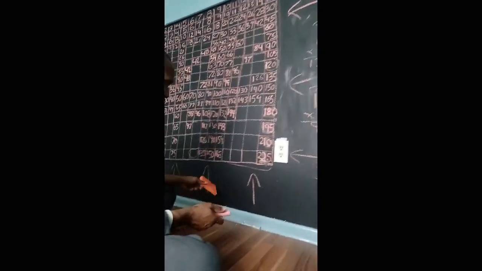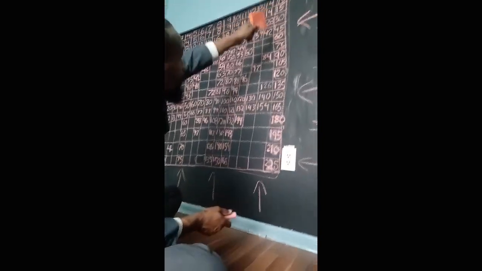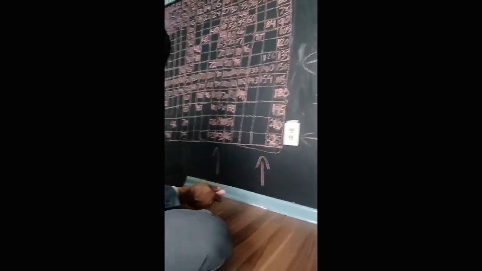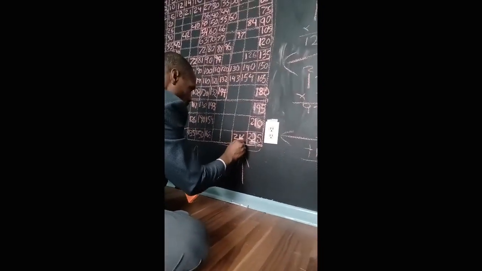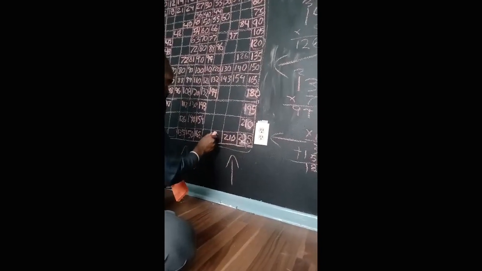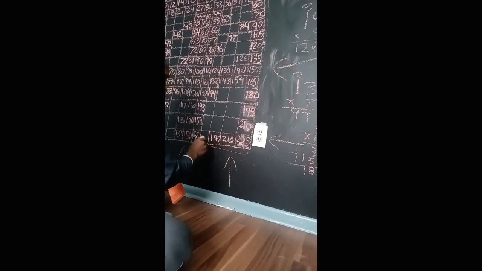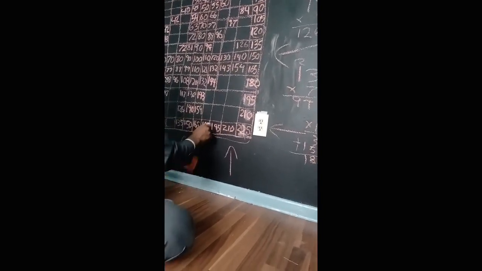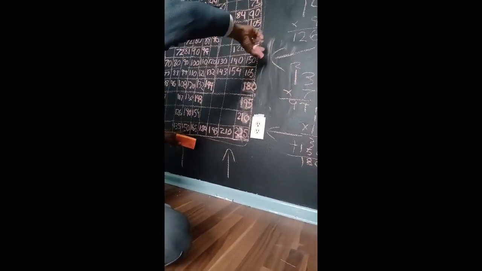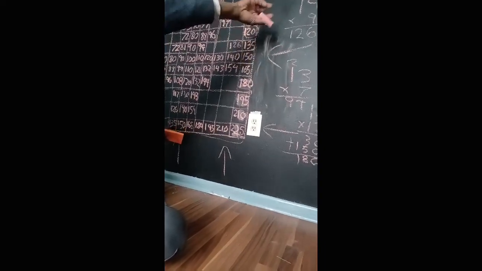And we should always fact check. So everything here is going to be everything here. Okay, so this should be 210. This should be 195. This should be 180. This should be 165. This should be 150. This should be 135.